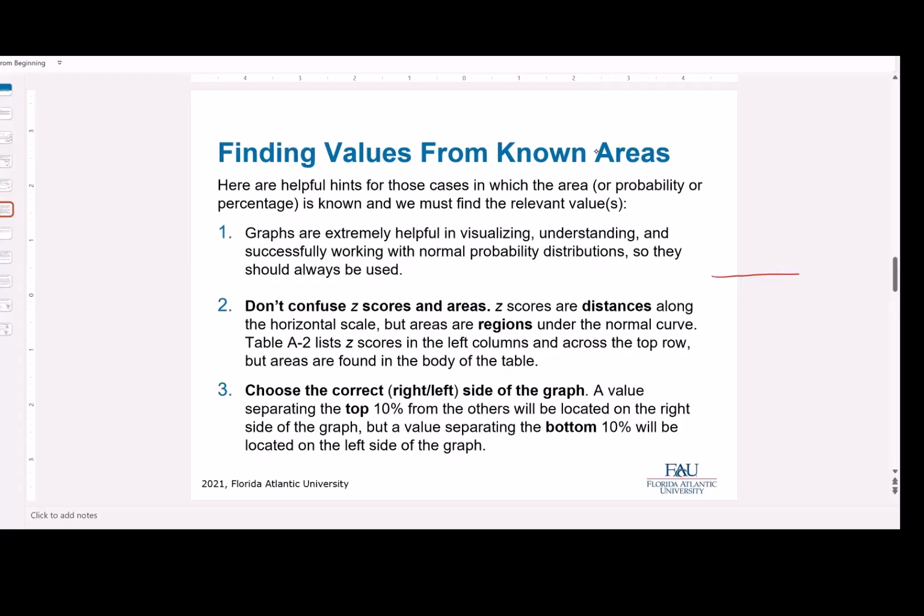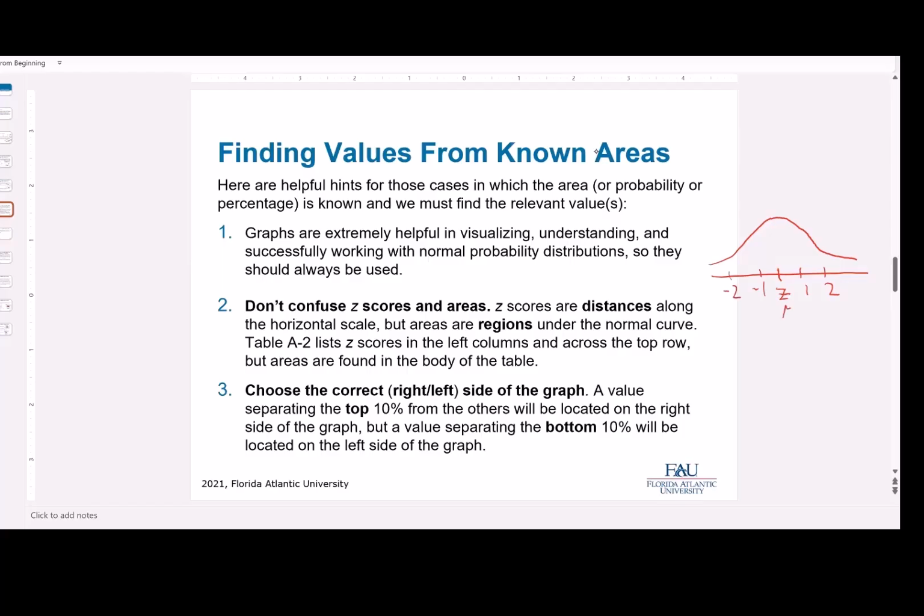For example, I have a normal curve, and these numbers on the horizontal axis are my z-scores. This is 1, 2, -1, -2.